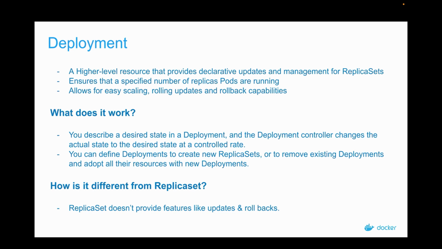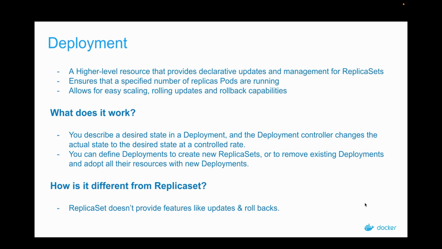The difference from a ReplicaSet is that a ReplicaSet doesn't provide you with updates and rollbacks. If I want to update from 4.5 to 4.6, then most probably you have to bring down the ReplicaSet, and it doesn't provide you with the rollback. So we are going to look at each of these features one by one.